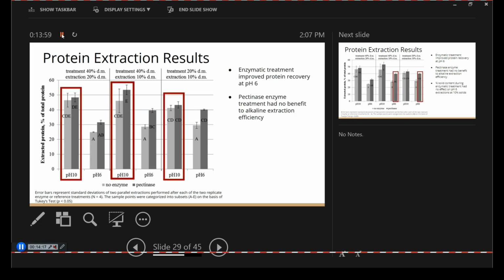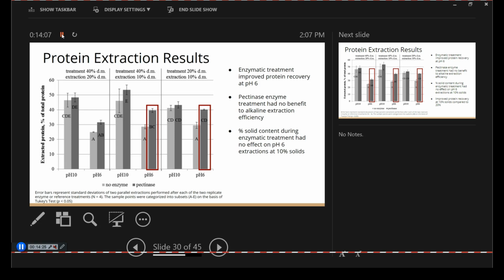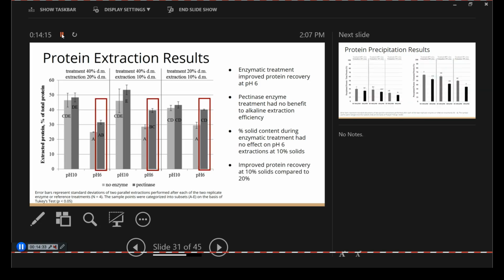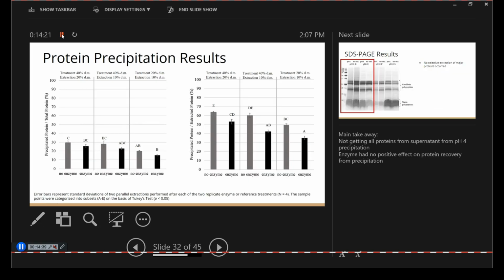However, the enzymatic treatment, the pectinase enzyme, had no effect on the alkaline extraction at all of the different solids. The percent solid content during the enzymatic treatment had no effect on pH 6 or water extracts at 10% solids. However, at 20% solids, we did see a decrease in protein extractability.